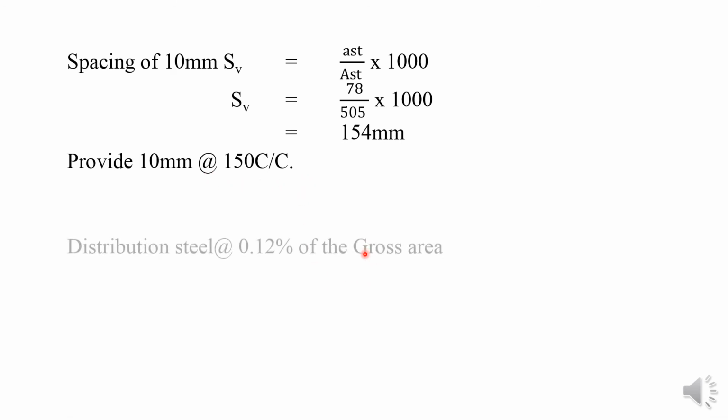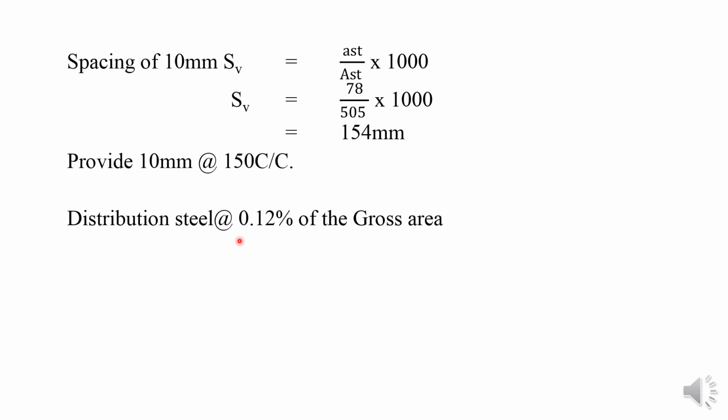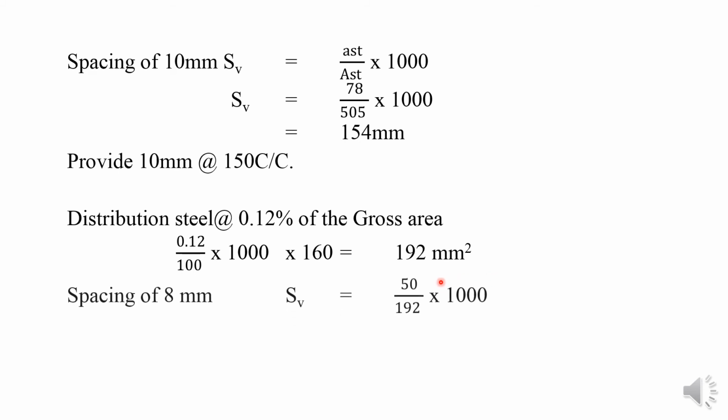Next we have to find out the distribution steel. That is 0.12 percent of total gross area. So 0.12 divided by 100 into 1000 into 160 will give a value of 192 mm square. For distribution, we provide 8 mm diameter rod. So spacing of 8 mm is given by 50 divided by 192 into 1000, where 50 is pi d square by 4.